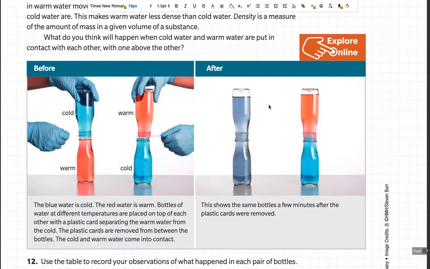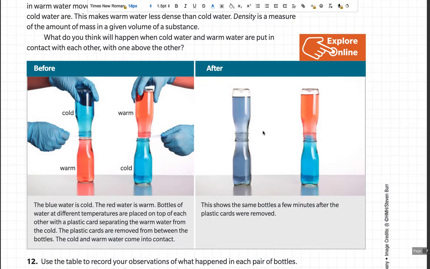Well, why is that? That's because remember that cold air is more dense and warm air is less dense. So warm air and liquid or water is less dense, so it floats on top. They have these little pieces of film in between the warm and the cold, and when they pulled the film out, in this case the warm was already on top, so it stayed floating on top, and the cold was on the bottom, so it stayed on the bottom.